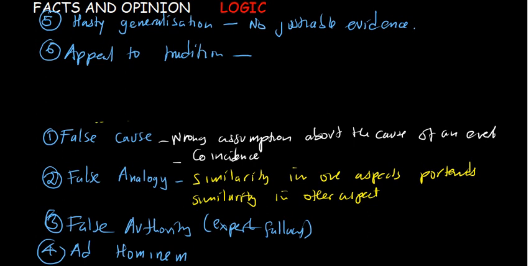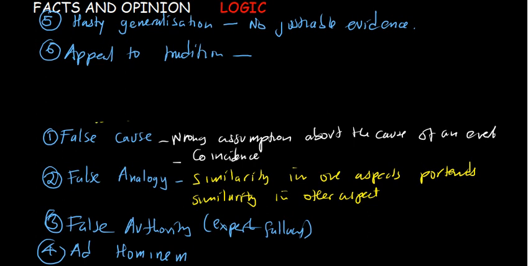So when we talk about false authority, this is the expert fallacy. This is a fallacy of persuasive technique which assumes that the opinion of a recognized expert in a particular area extends to another area.